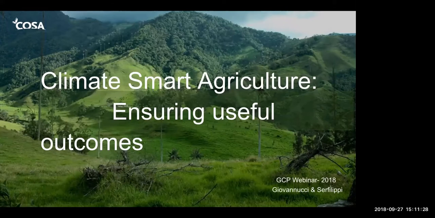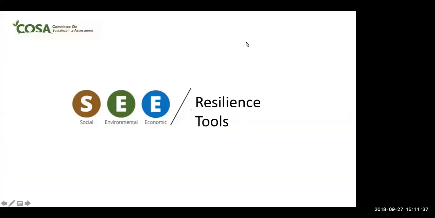Now, today I wanted to share with you, and if you can cue the next slide, one of several approaches that we think is quite critical to understanding and to having success in climate work. Climate effects, of course, are an intrinsic part of sustainability and a vital part of resilience.